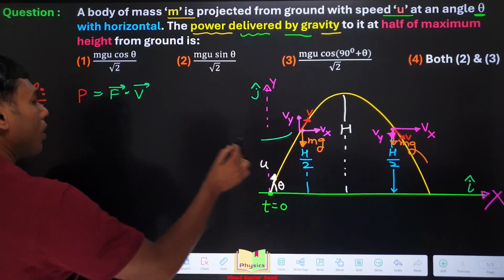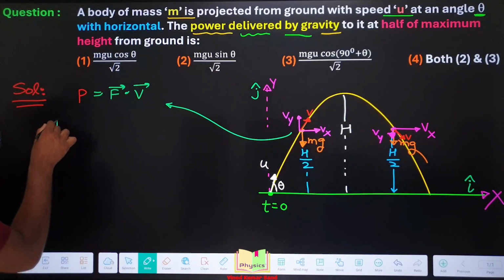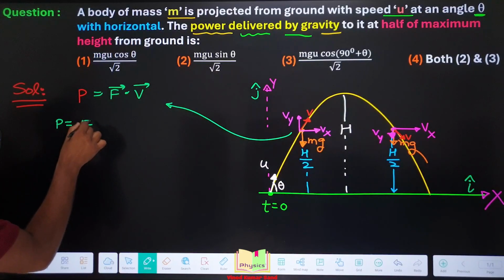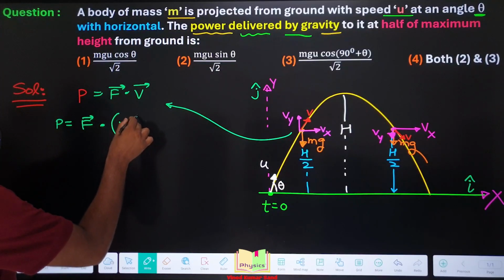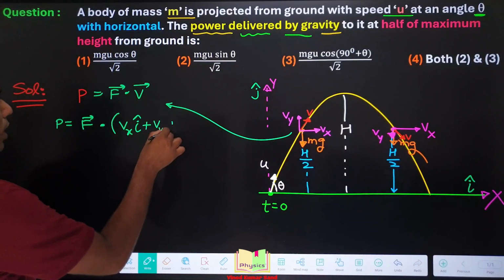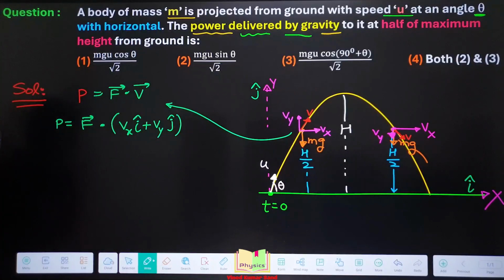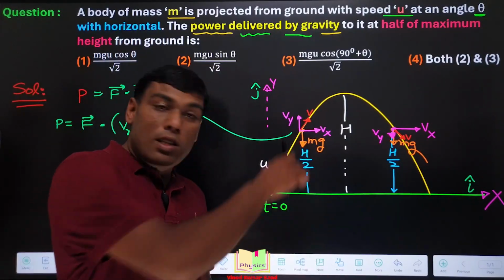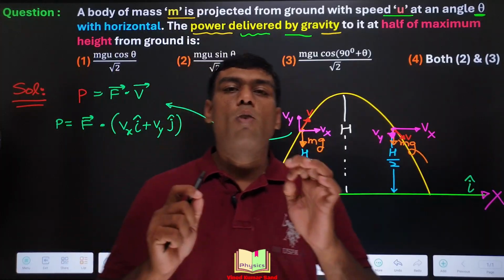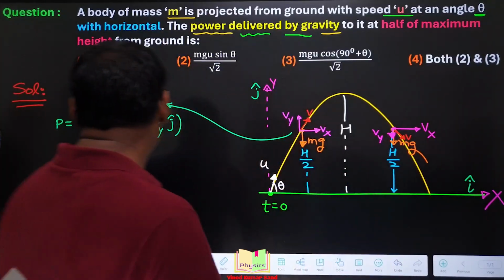So for this location, if we do the calculation, the P would be F vector dot V vector, which is Vx i cap plus Vy j cap. Fine. Force vector can easily be written. Mg is in the vertically downward direction, so we will write mg minus j cap.